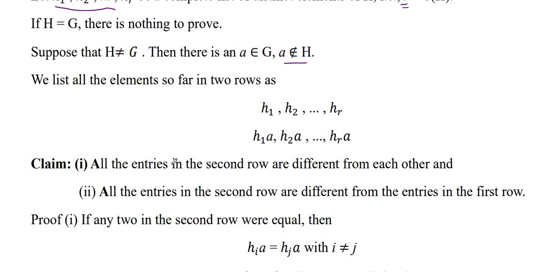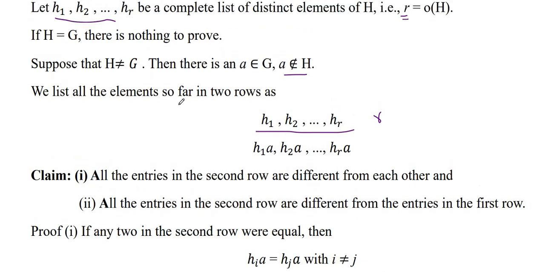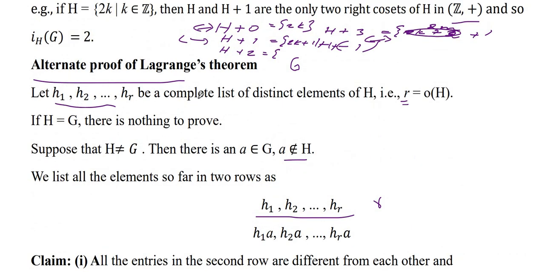So we claim that all the entries in the second row are different from each other, and all the entries in the first row, this we know to be distinct already. These are our distinct elements present in H. That is how we have started the proofs. Let this be the complete list of distinct elements.